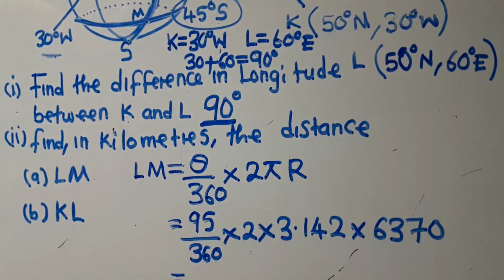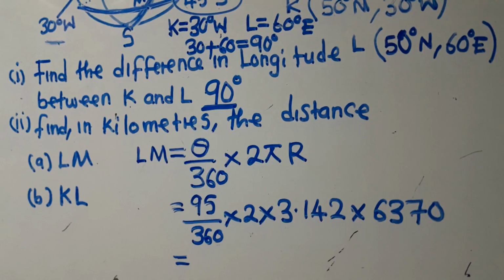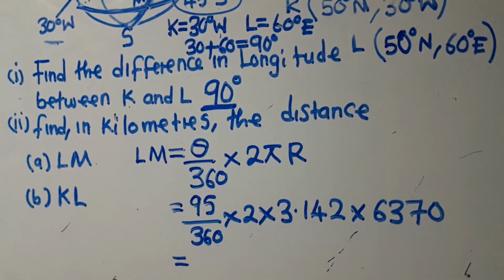If we punch on the calculator, we are going to say 95 over 360 times 2 times 3.142 times 6370. This radius is given. You're given the pi and the radius. So this is the radius you get to use if you want to calculate in kilometers.